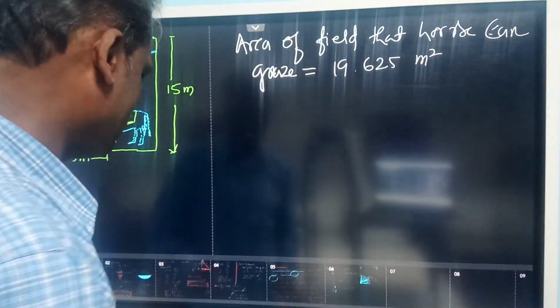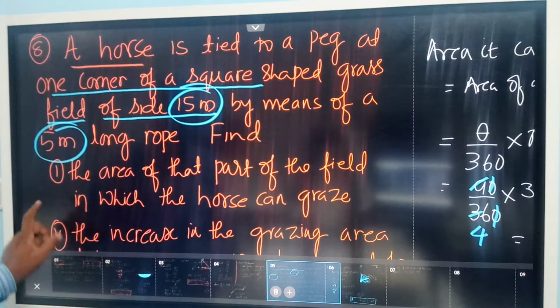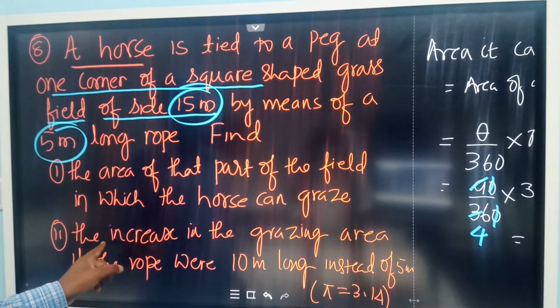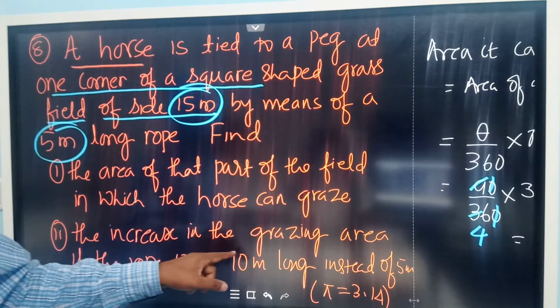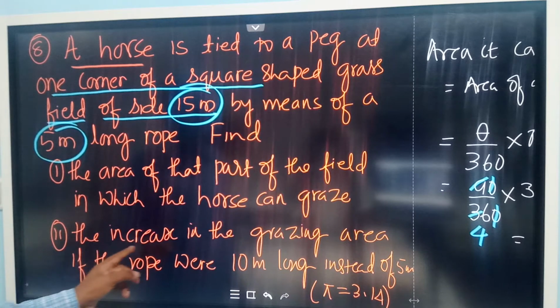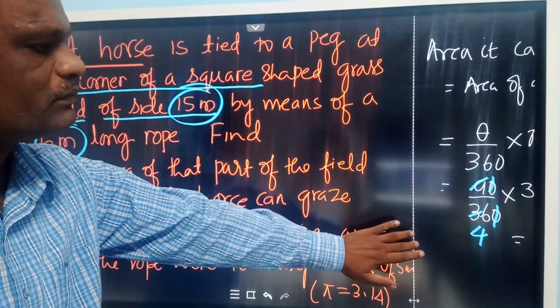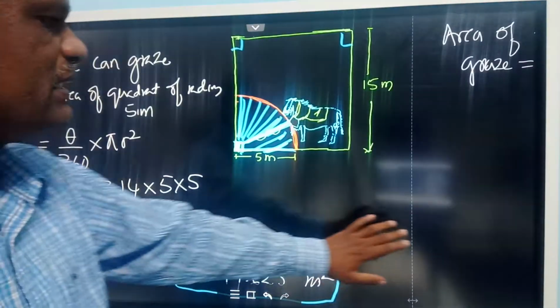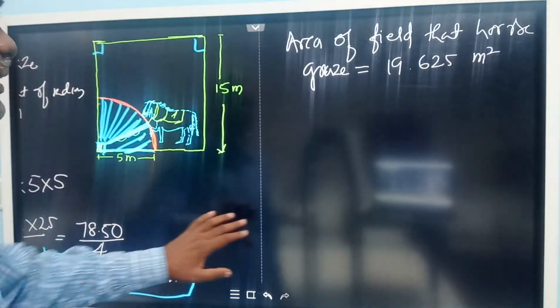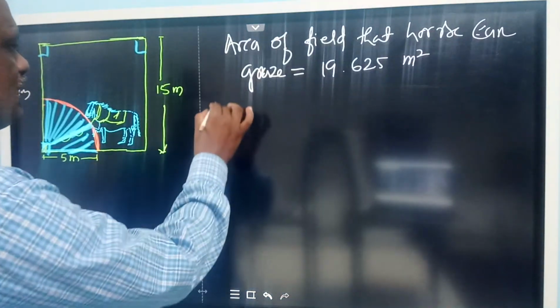Then come to the second part of this question. Look at this. The increase in grazing area you have to find out if the rope were 10 meter long instead of 5 meter. So now the grazing area radius is equal to 10 meter.